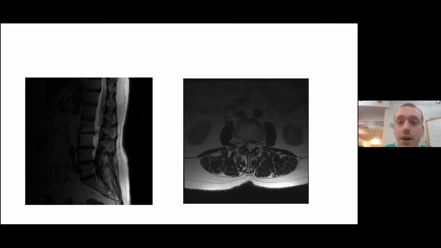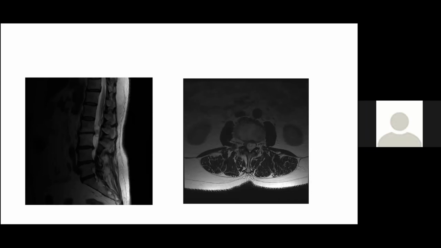So this is her imaging. What do you see, Eva? So it looks like on T2 there's a lesion near the conus. It looks intradural, extramedullary?